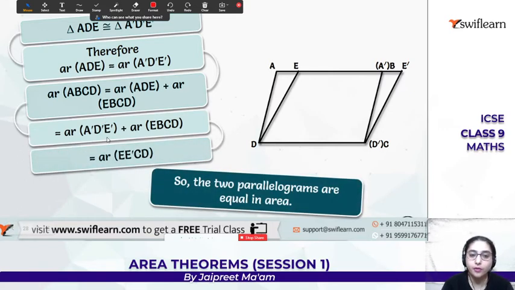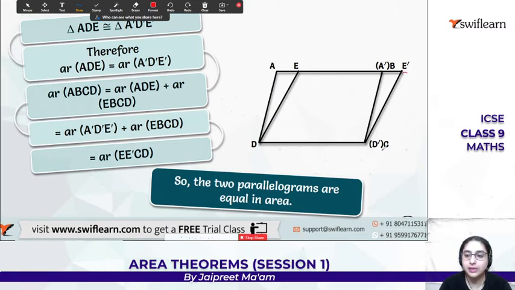Now the area of ADE plus the area of ABCD is equal to the area of E'DCD'. The areas are equal, so the parallelograms are equal in area.